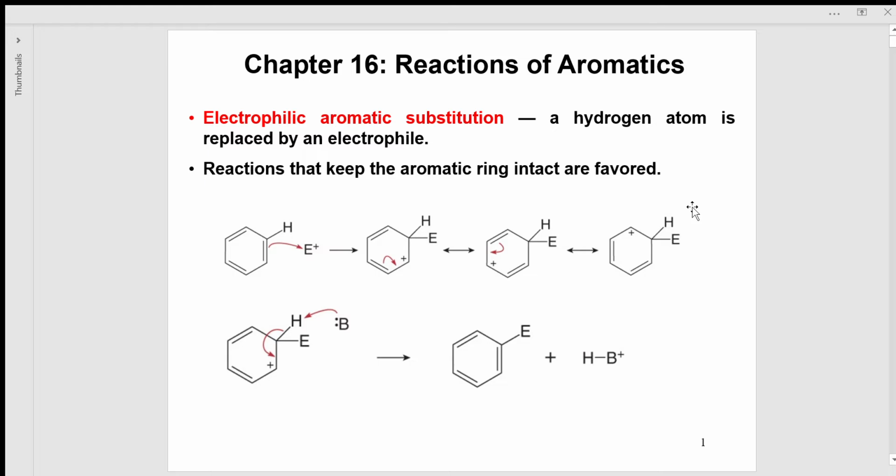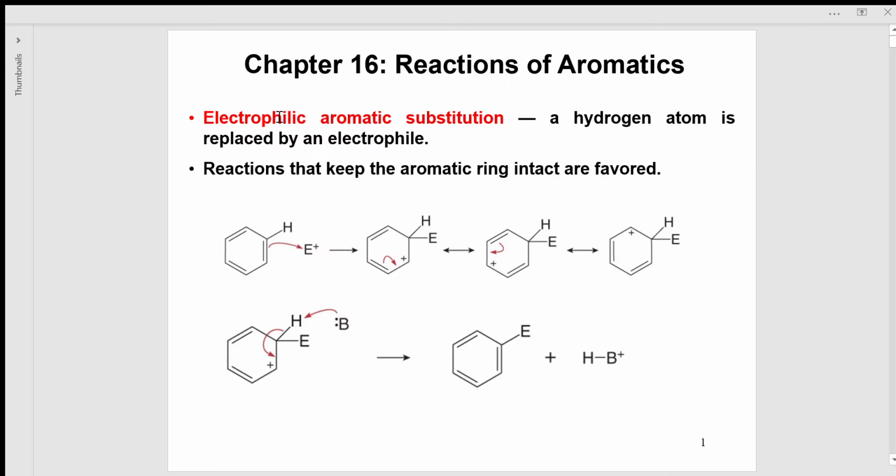So today we are going to discuss the reactions of the benzene ring. So, chapter 16. Because some of you missed the first discussion last Thursday, I will first go very quickly over the reactions we learned in the previous discussion.